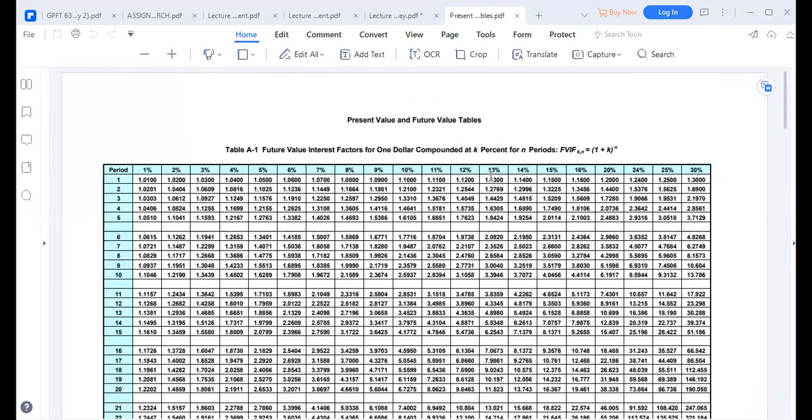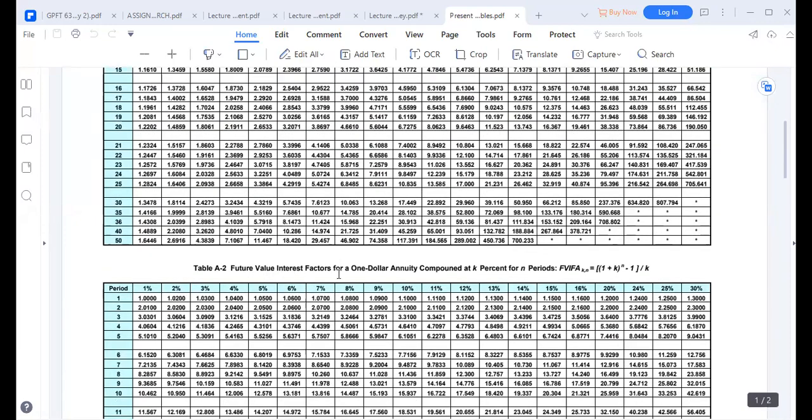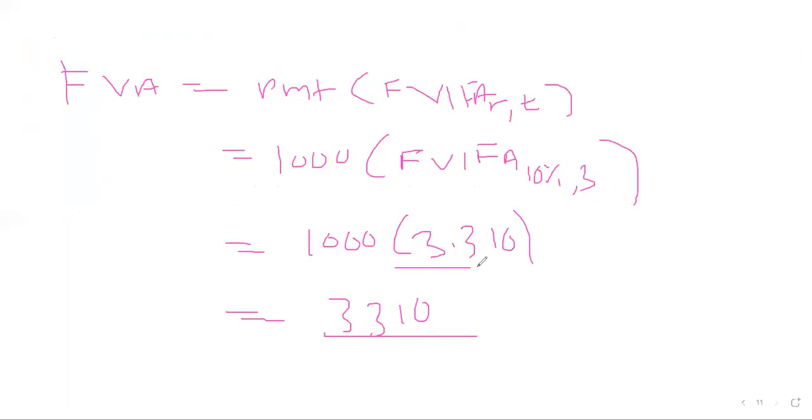So be careful to ensure that you are reading the right table. This is a present value interest factor, future value interest factor. Okay, so this is not what we're going to. So future value interest factor annuity. We got 10% under 3 years, a period of 3. So you see it's 3.31. So this is the 3.31 that we're using here in the table. Are we together?